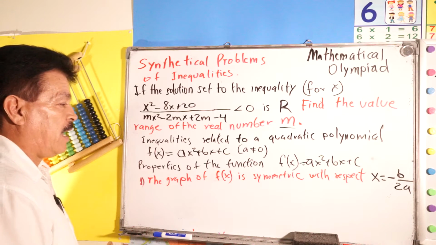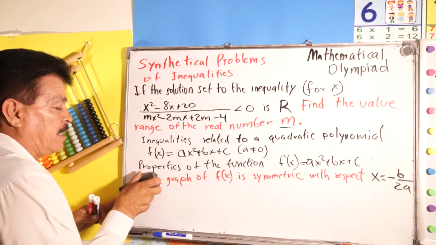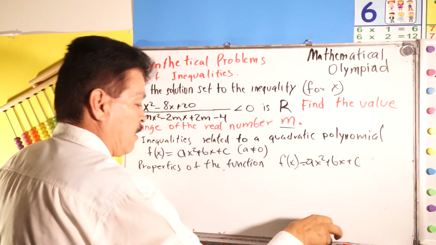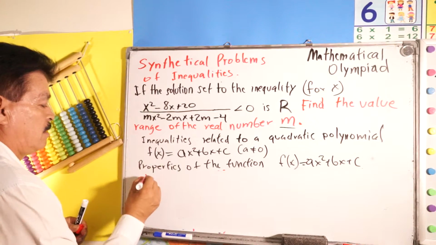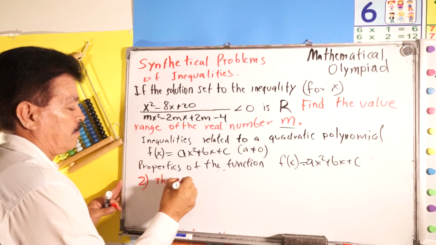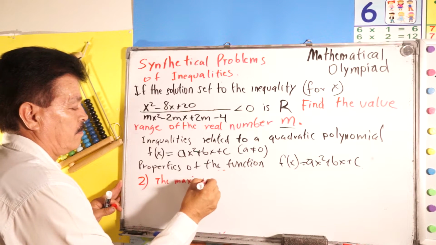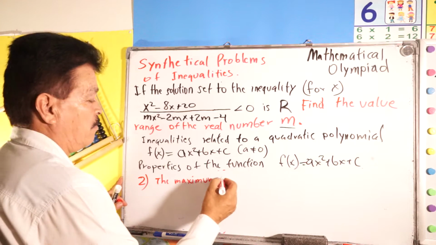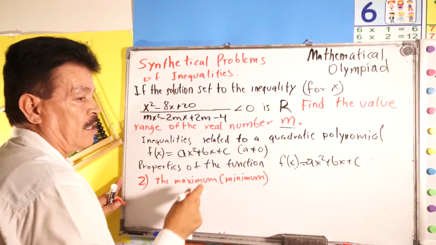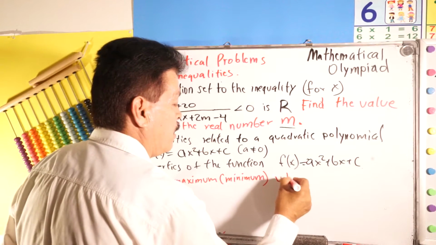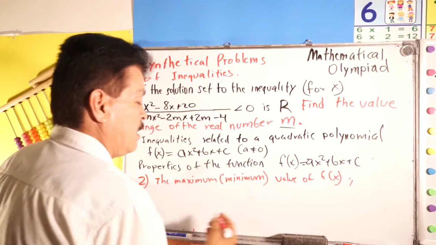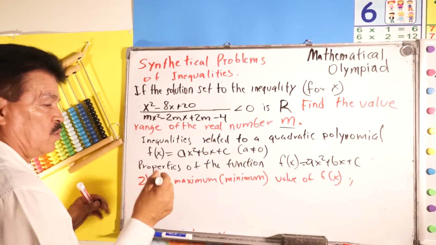Another property, some clue before we solve our problem. Number two: the maximum and minimum value of f(x).